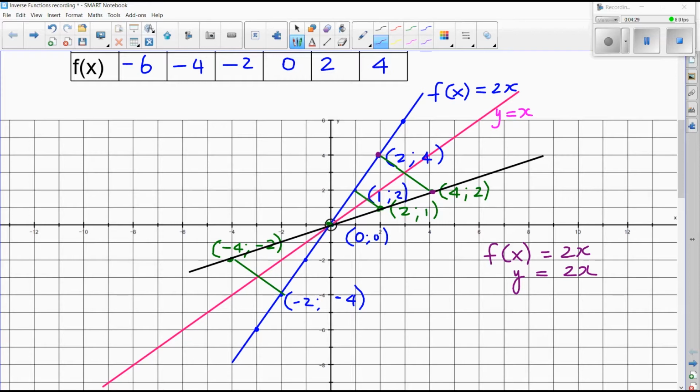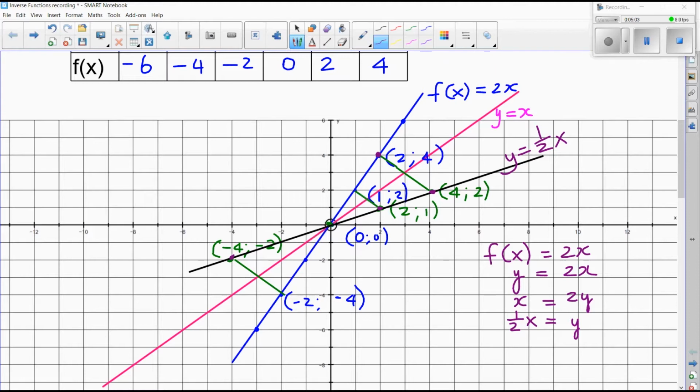So you see that the x and the y coordinate each time of the image swapped positions. I'm going to do the same with the variables. I'm going to replace the y variable with x, and I'm going to replace the x variable with y. So I've interchanged the variables. And now I write it in standard form, and I see that y equals half of x. So the equation of the black line is y equals half of x, and we say that y equals half of x is the inverse of f of x equals 2x.